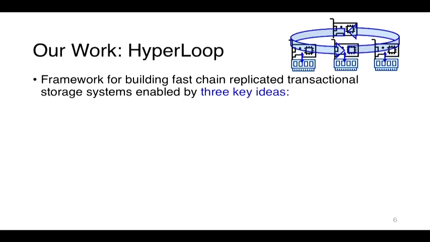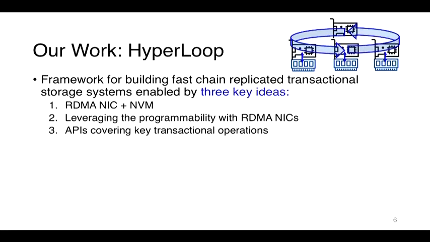There are three key ideas in our design. First, we leverage the combination of two hardware technologies, RDMA and non-volatile memory, to enable the NIC to directly replicate data to durable storage. To overcome some practical challenges in realizing this idea, we leverage the programmability of commodity RDMA NICs and provide a set of new APIs that cover key transactional operations.